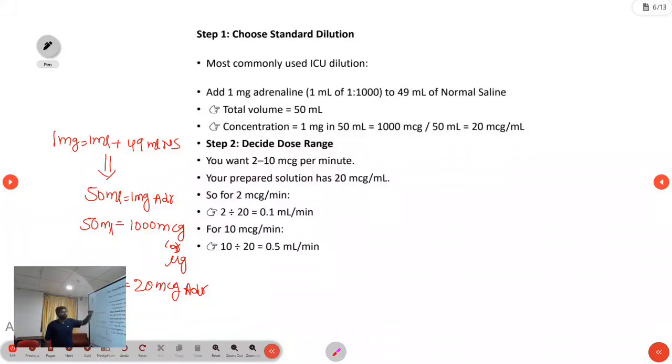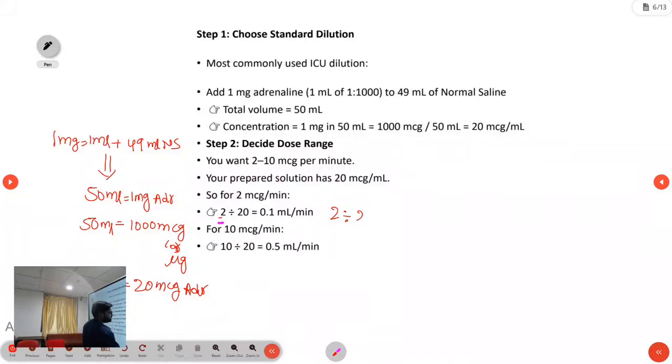Now once the dilution is done, next we have to decide the dose range. So from 2 to 10 is the normal dose. We have to decide whether to start with the 2 or with the 10 or anything in between the range. So if we want to start with 2 mcg per minute, we divide 2 by the concentration, which is 20 mcg in each ml.